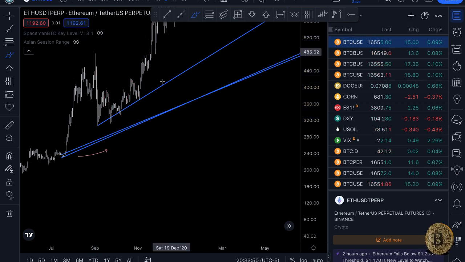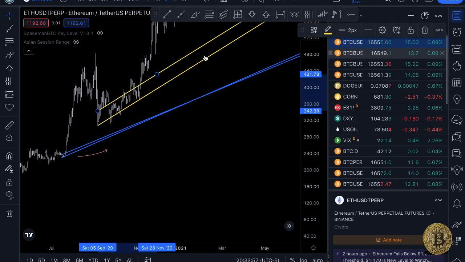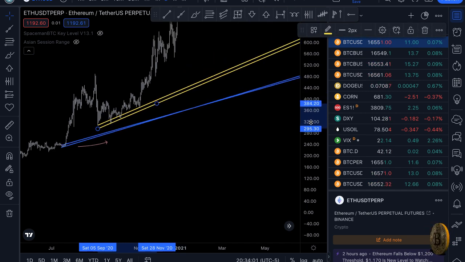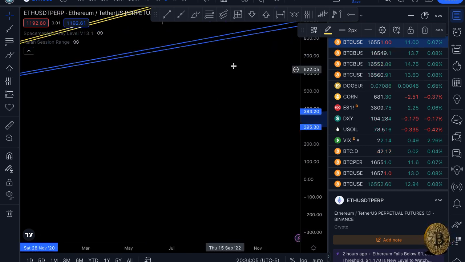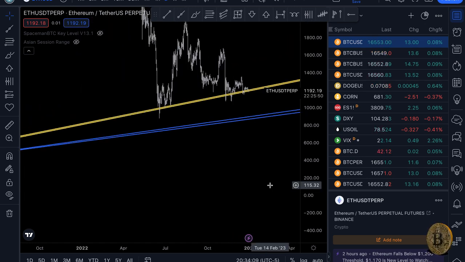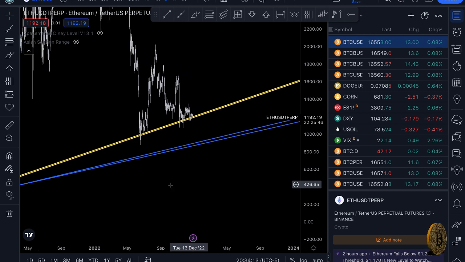So if we use that one, it might show us another perspective. So you see how well it works just right away.